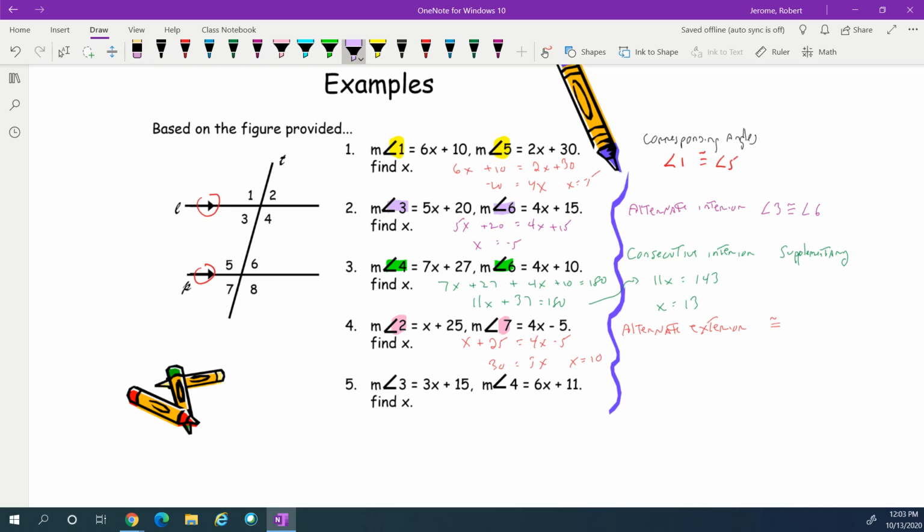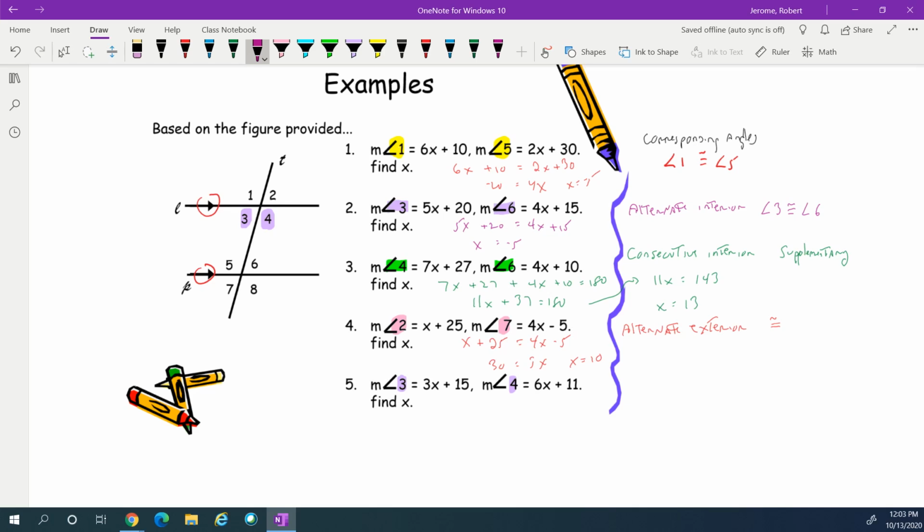And finally, our last one here, 3 and 4. What are they called? Well, they're in the same intersection, so we're not using our new vocabulary.